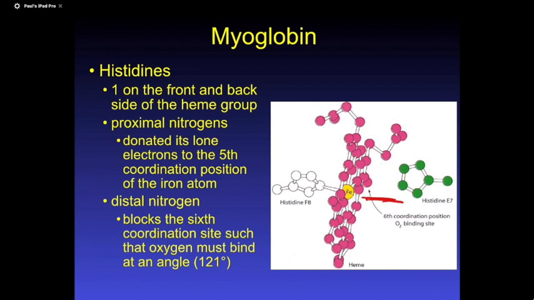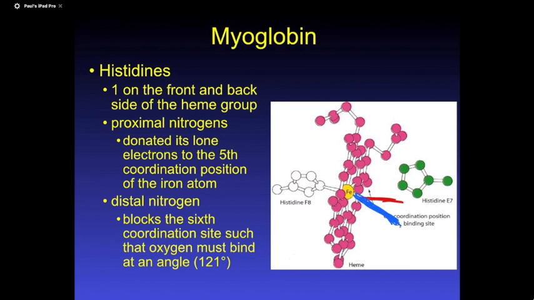But because this histidine is there, this oxygen gets too close and they repel. So what happens is the oxygen has to bind in at an angle. Instead of going 90 degrees on, it is a 121 degree bind.